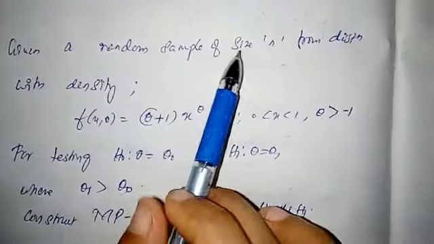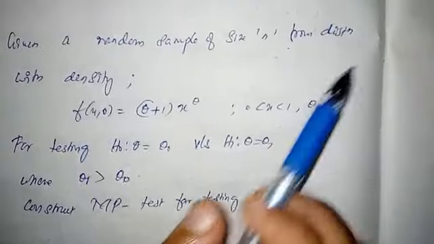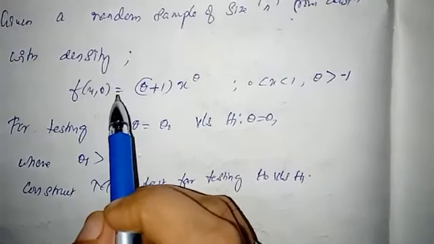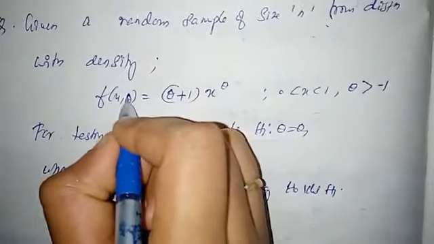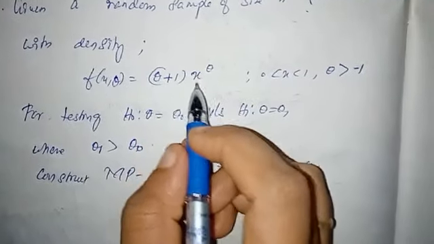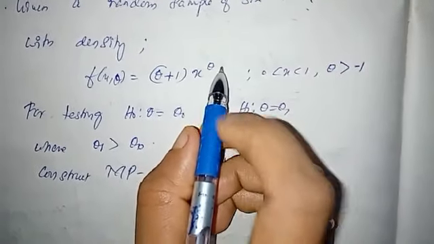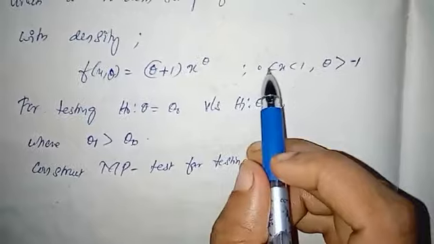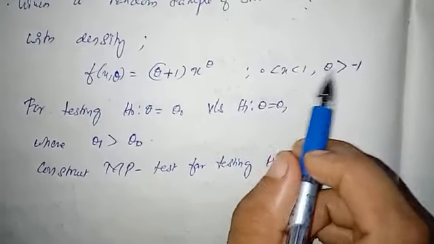Given a random sample of size n from a distribution with the density f of x theta equal to theta plus 1 into x to the power theta, where 0 less than x less than 1, theta is greater than minus 1.